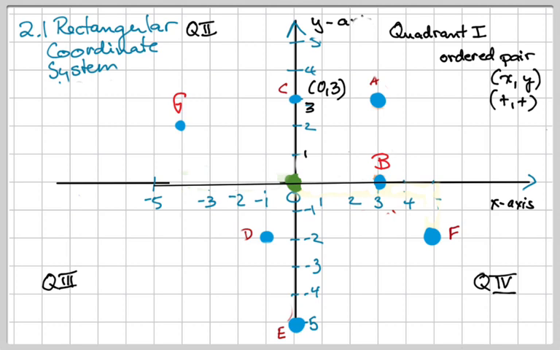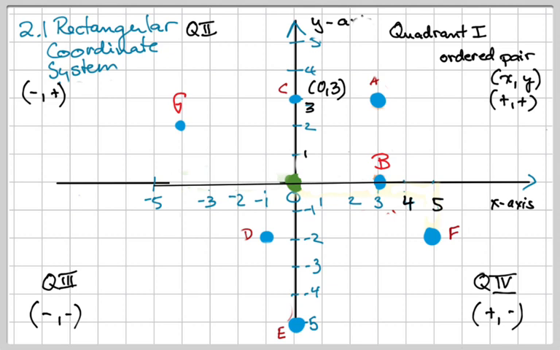In quadrant 2, the signs of our ordered pair are a negative x-coordinate and a positive y-coordinate. In quadrant 3, what do you know about the signs of our x and y coordinates? They are both negative, and in quadrant 4, we have what kind of sign situation? x is positive and y is negative.